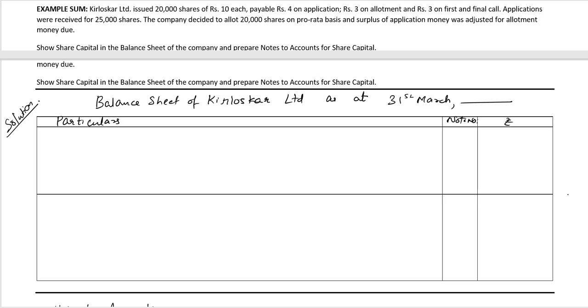amount. We have Roman number 1, equity and liabilities. We have 1, shareholders funds.